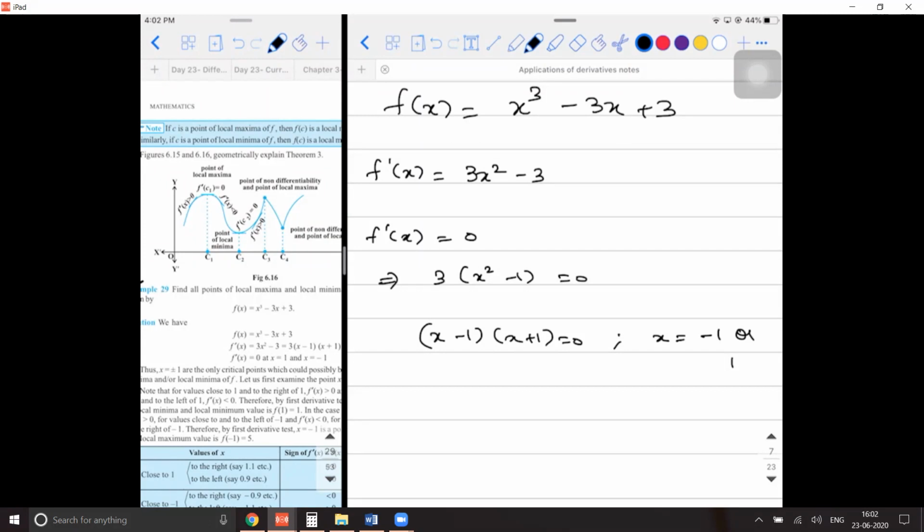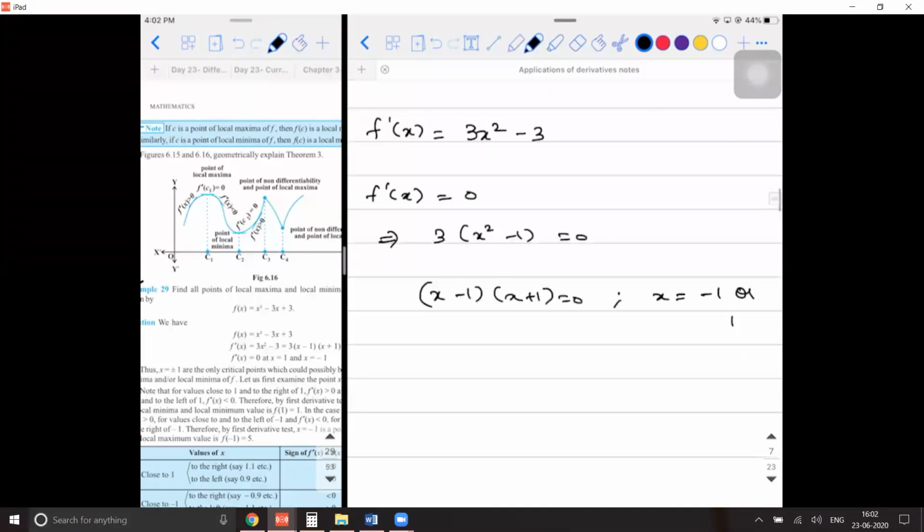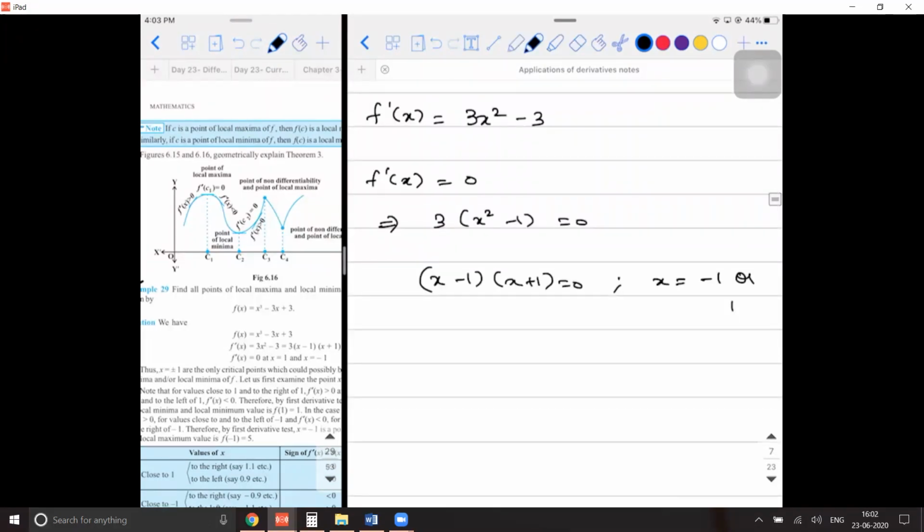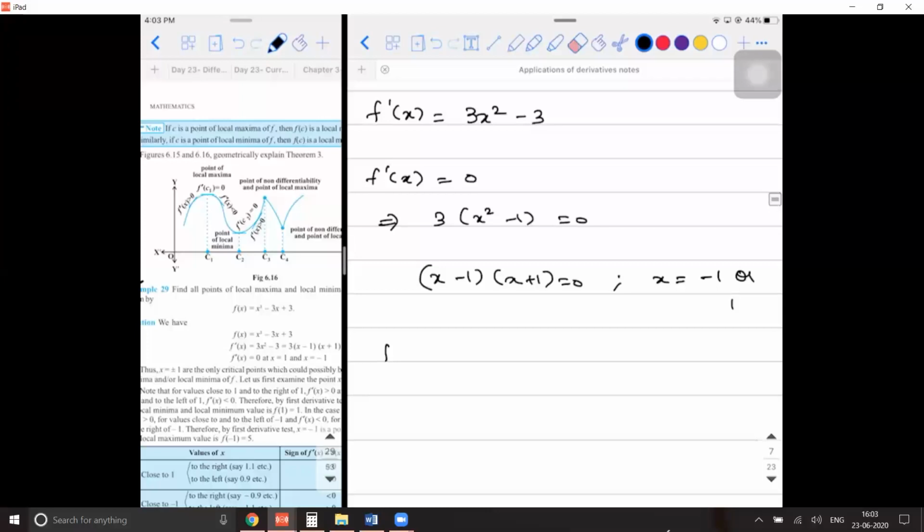This is clear? Now I need to check the left limit and right limit of the derivative at x = −1. What is f'(−1⁻)? I'll put this minus sign as a power so that you're not confused.